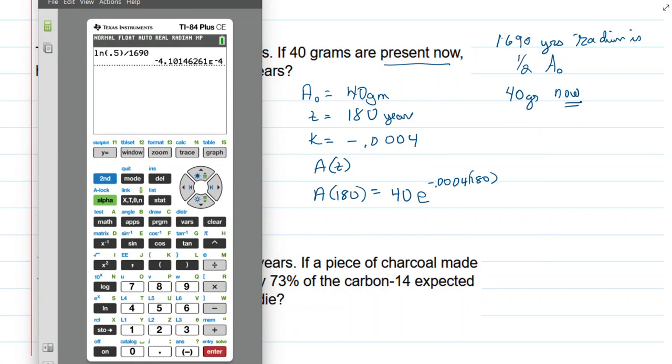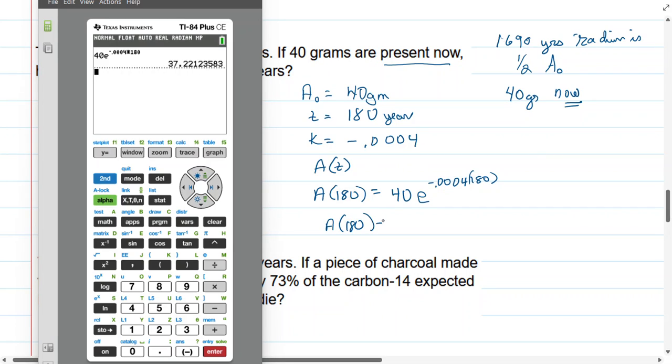We're going to put it in our calculator, just the way we see it. So we're going to say what?